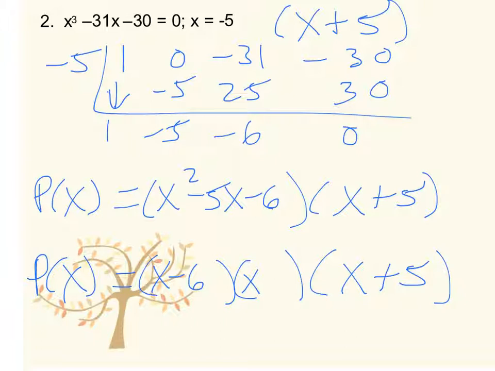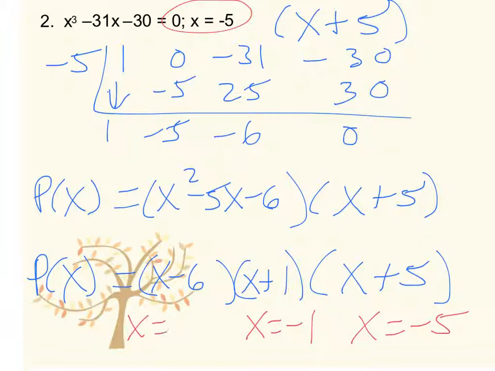X minus 6 and x plus 1 will do the trick. Those two numbers, negative 6 and 1, have a product of negative 6, and they add up to negative 5. Again, x plus 5 means there's a 0 at x equals negative 5. That was the one I was given. I did synthetic division to find these 2 remaining zeros of negative 1 and 6. All right.